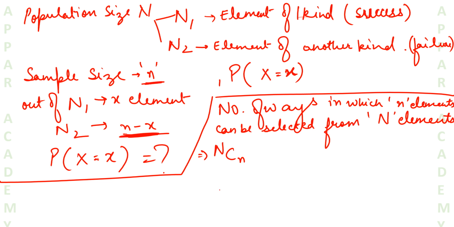So by this we can find the number of ways in which n elements can be selected from n elements, right?